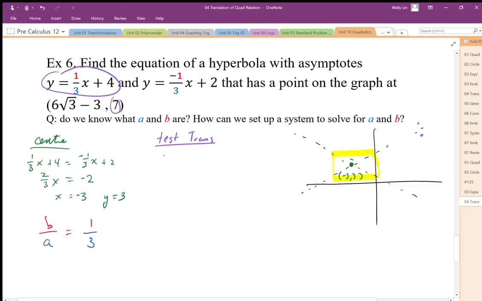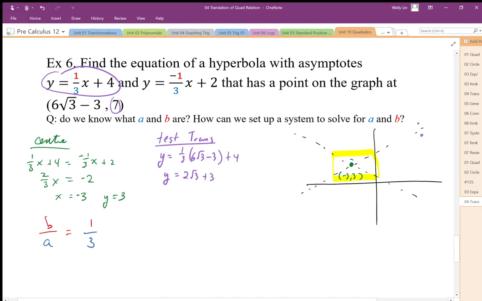So I'm going to plug it in. I'm going to go y equals 1/3 times 6 root 3 minus 3, plus 4. So my y value works out to be 2 root 3 minus 1 plus 4, so plus 3.